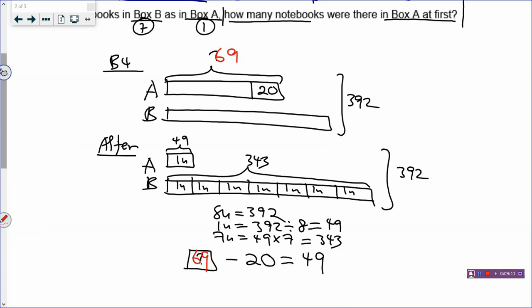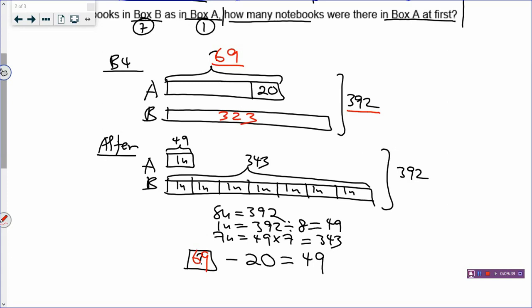But let's do some more. Let's check whether the answer is correct. How do we check? If there are 69 books in box A at first, then how many in box B at first? You take the total and minus 69. So 392 minus 69 and you get 323 books in box B at first. And what happened to box B?